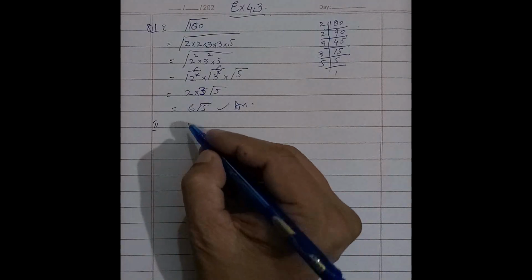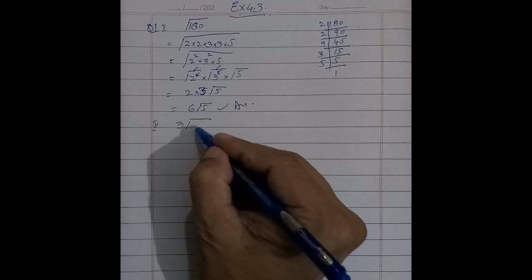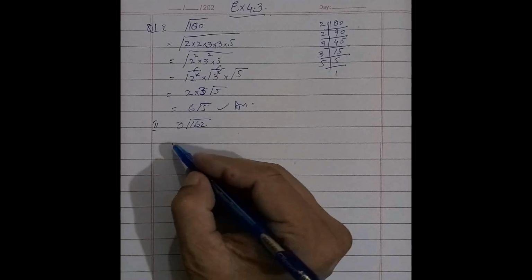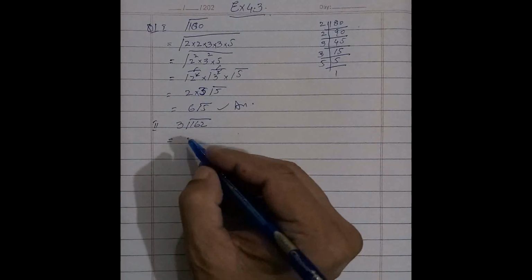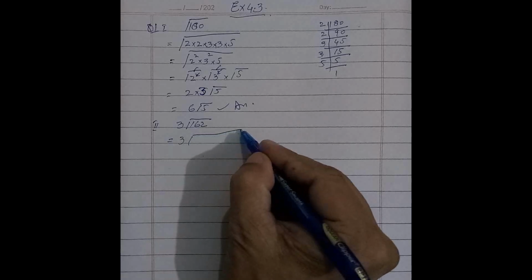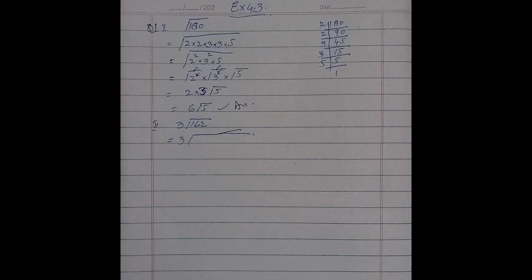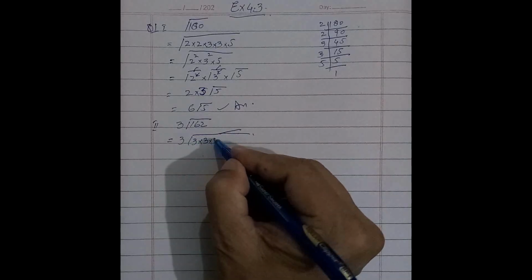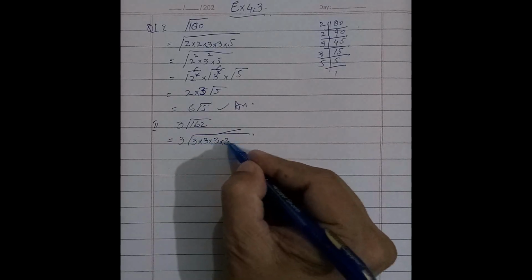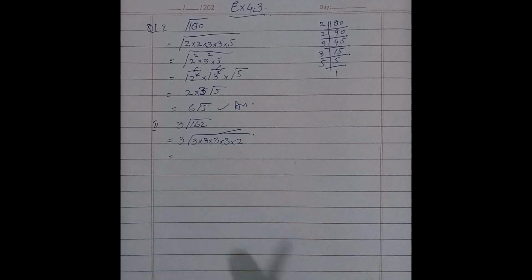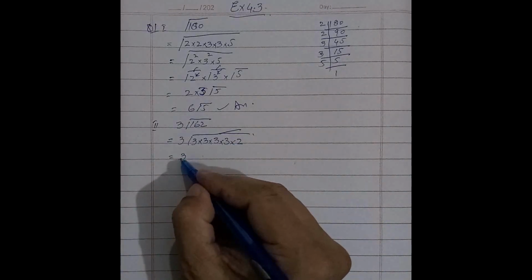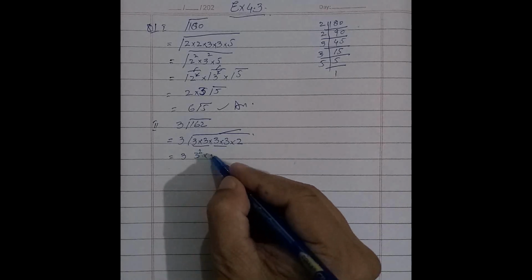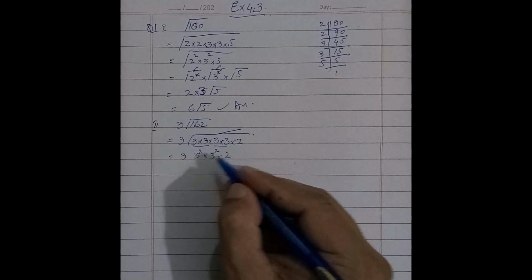Next, the value is 3 times the square root of 162. Now we take the factors of 162, which are 3 multiplied by 3 multiplied by 3 multiplied by 3 multiplied by 2, and we get 3 squared multiplied by 3 squared multiplied by 2.